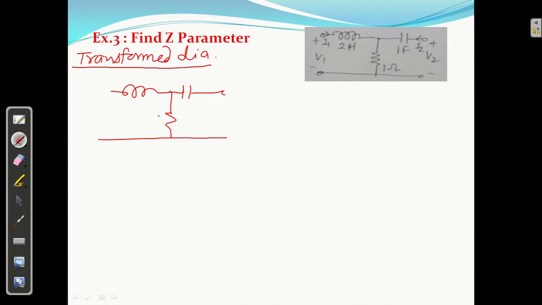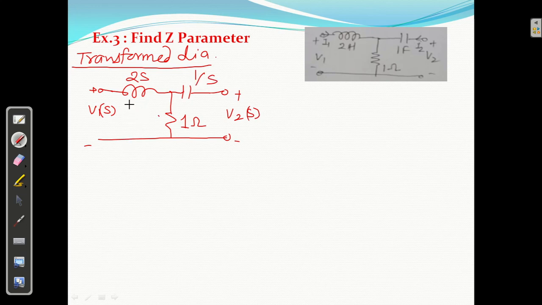That is V2 of S, this is the V1 of S. R will be 1 ohm, L will be LS. We know, if the initial condition is 0, R will be R, L will be LS. L is 2, so 2S. C will be 1 upon C, where C is 1, so 1 into S. So that is the answer you will get.